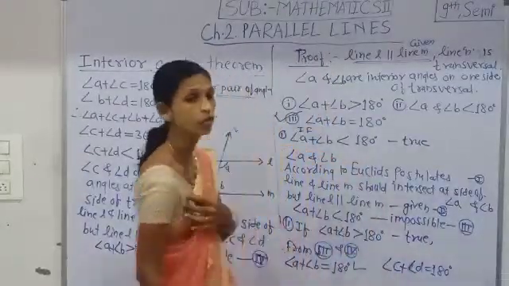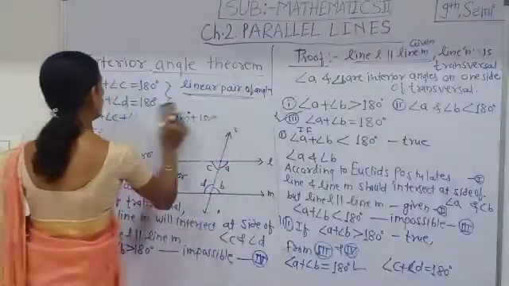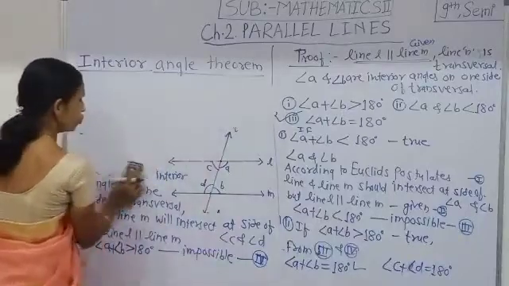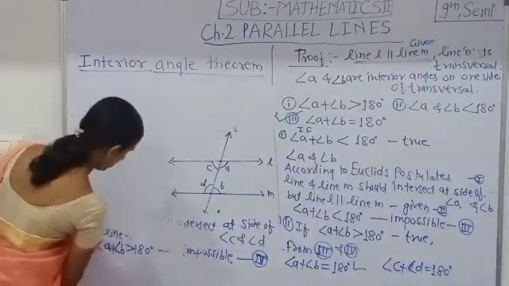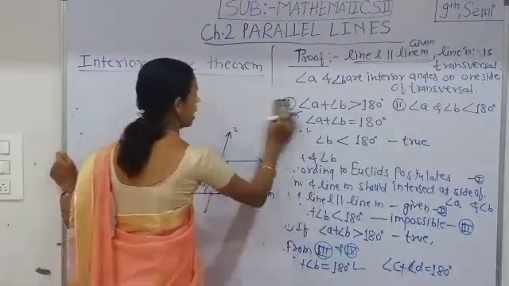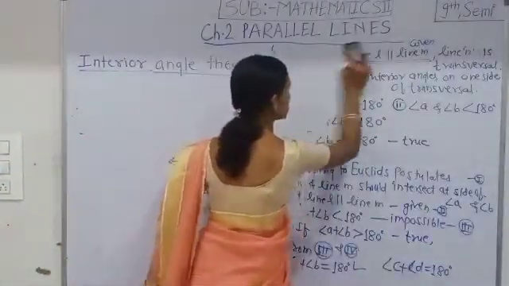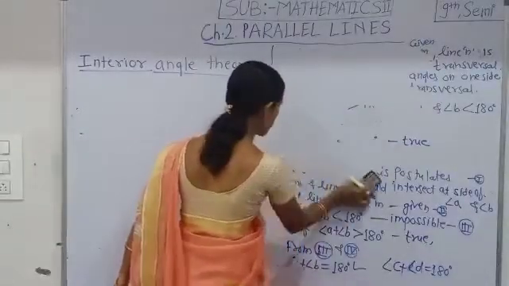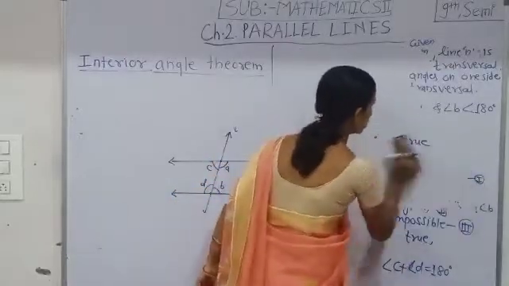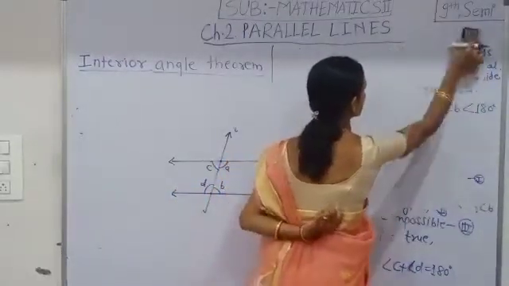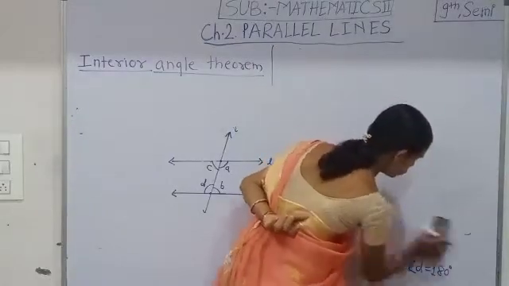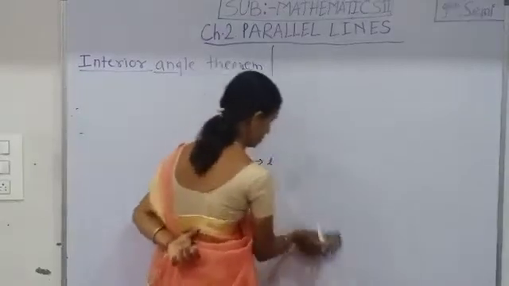That is the interior angle property, which is made by a transversal on two parallel lines. We can also prove the property of corresponding angles, which is made by a transversal on two parallel lines.